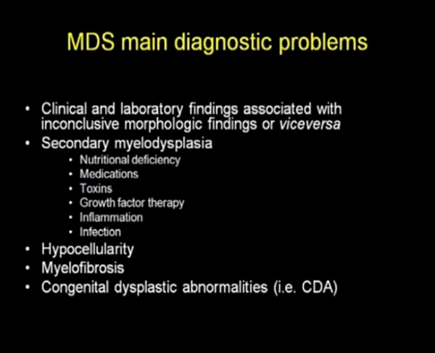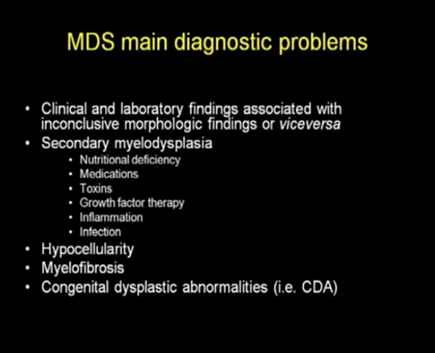We sometimes have problems in making the diagnosis of MDS. First of all, there are some cases with clinical and laboratory findings that are associated with inconclusive morphological findings, or vice versa. Secondly, we should exclude secondary myelodysplasia.